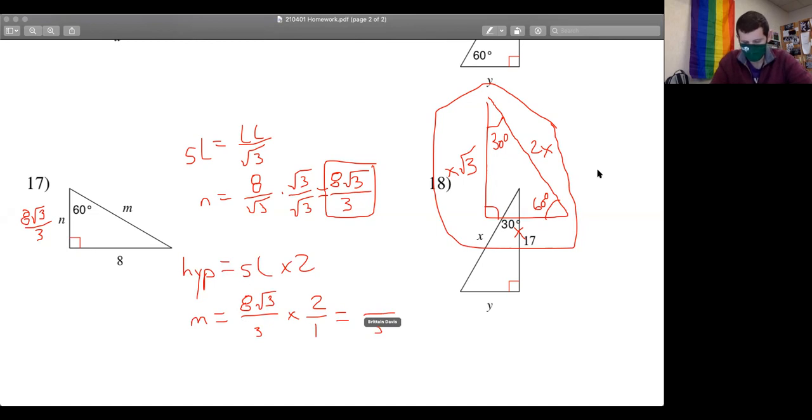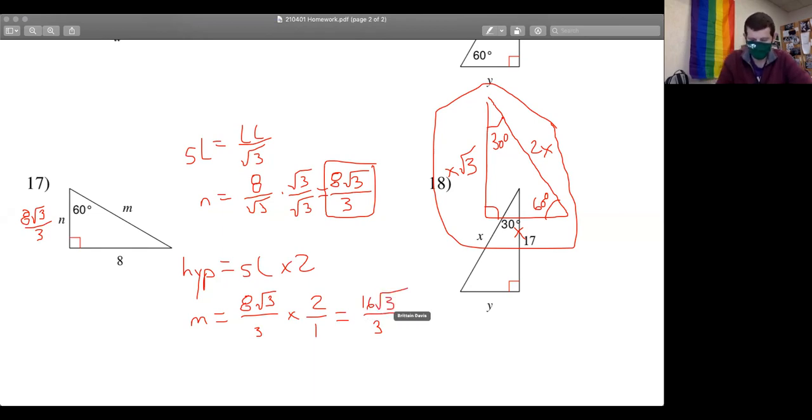What's the numerator here? Times the square root of 3. There it is.